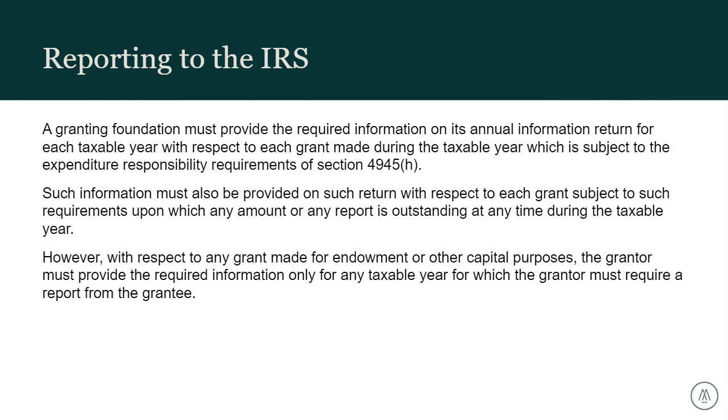So the next slide talks about reporting to the IRS. As I mentioned, a granting foundation must provide this information on its annual 990-PF for each taxable year with respect to each grant made, so a separate statement for each grant made during the taxable year that's subject to expenditure responsibility.